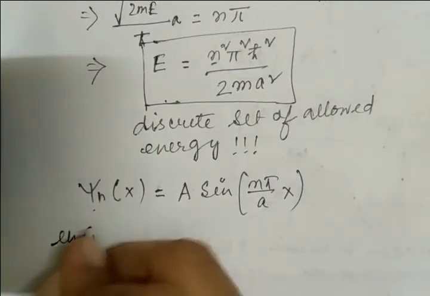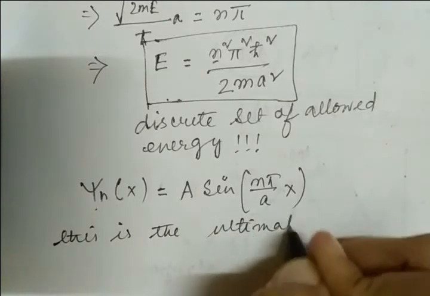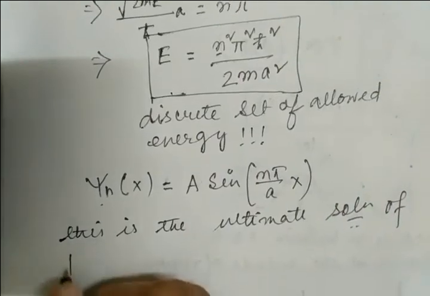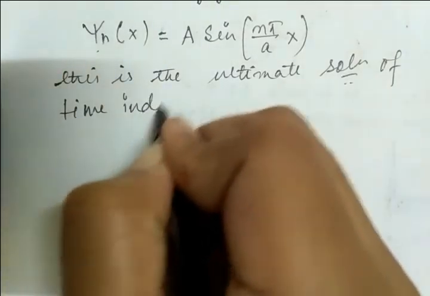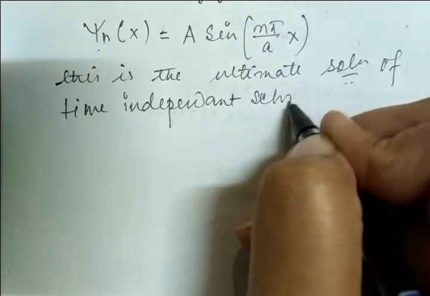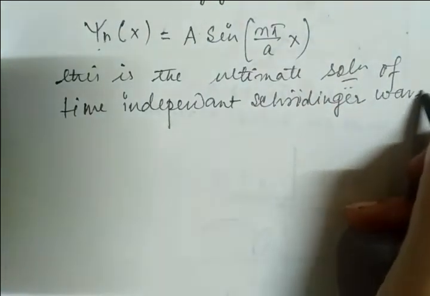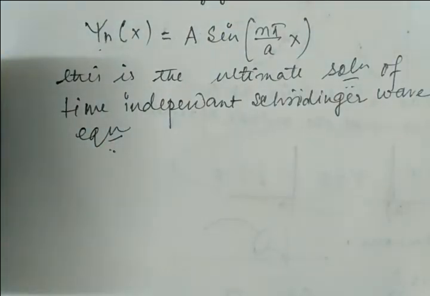So this is the ultimate solution of the time independent Schrodinger wave equation, right? So this one is clear.